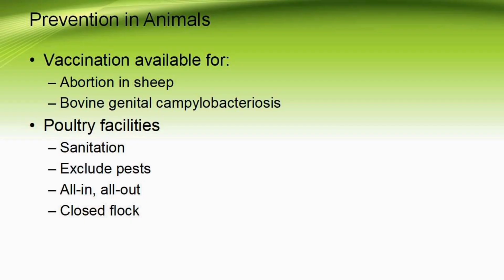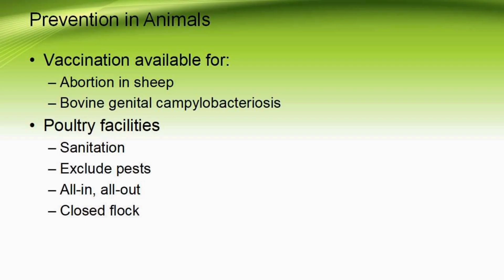Sanitation and management can help prevent infections in poultry. Rodents and wild birds should be excluded from the poultry facilities, and insect populations should be controlled. Chlorination of drinking water can help prevent waterborne infections. All in, all out management with decontamination of housing between flocks can also decrease the risk of infection, as can the maintenance of a closed flock.